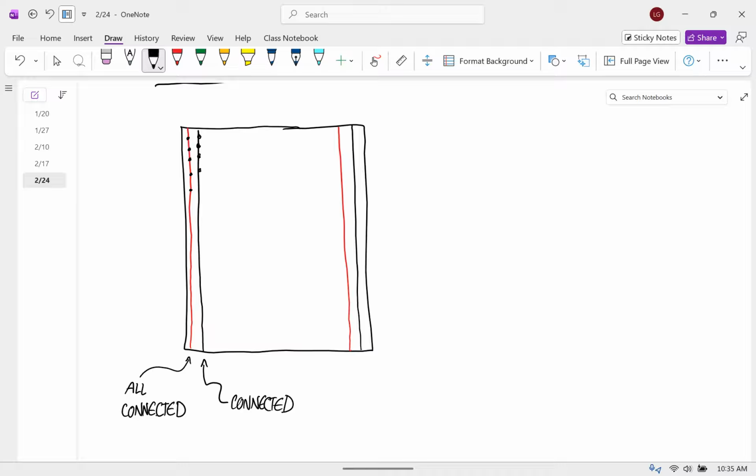The red always indicates a positive. We'll plug the negative of our power source into the black. And then from that point on, we don't even have to mess with the battery or the power source. The red and the black columns are now our power source. And it's just easier to work with. So that's a pretty common thing, and that's how we're going to use those.